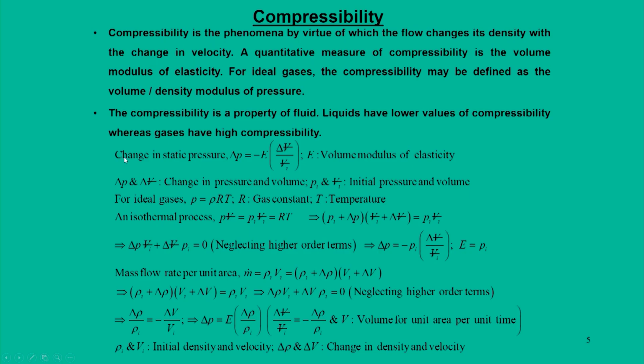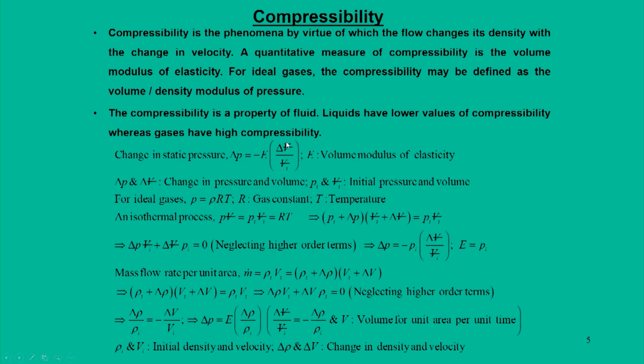If you look at the basic definition, changes in the static pressure for a fluid, we can define that delta P is equal to minus E into delta V by Vi. Vi stands for the initial volume. So, a given system at its initial volume and pressure, when it is compressed, then the change in the static pressure can be defined in this manner through a factor called the volume modulus of elasticity.